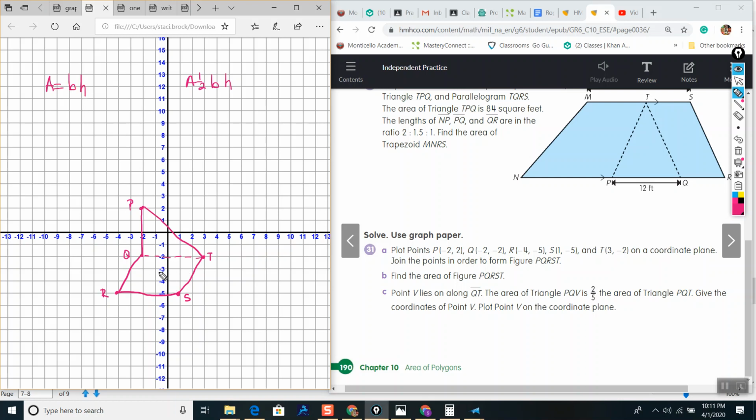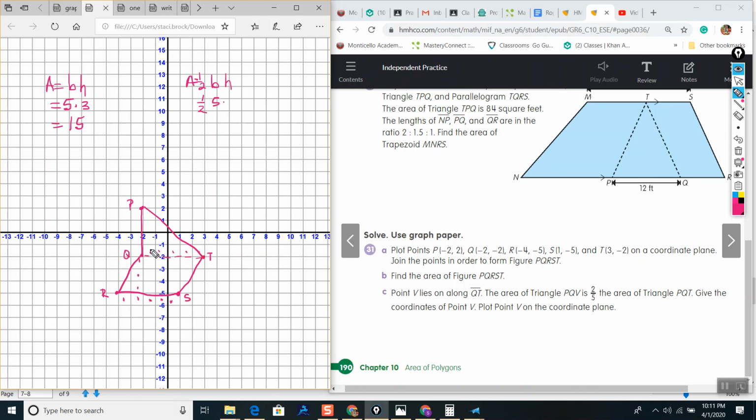Okay, so let's do this one first. Base, counting spaces, 1, 2, 3, 4, 5. So I have a base of 5. Okay, and I have a height of, count 1, 2, 3. Okay, so it's 15. So I have an area of 15 in my parallelogram. All right, 1/2. What is my base? Well, count 1, 2, 3, 4, 5. It's the same as the other one.